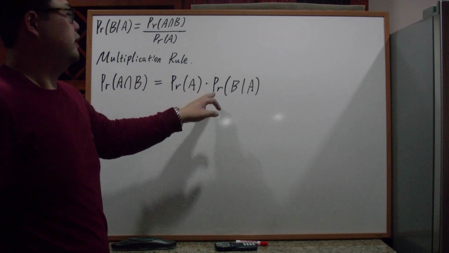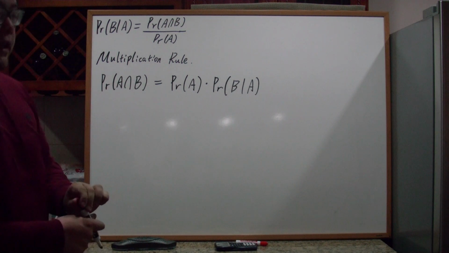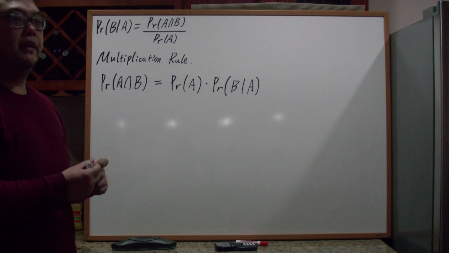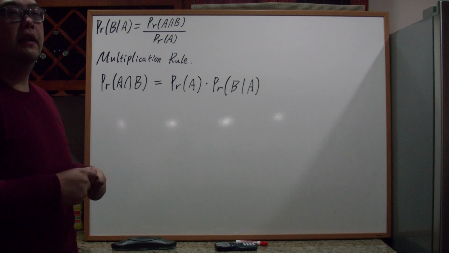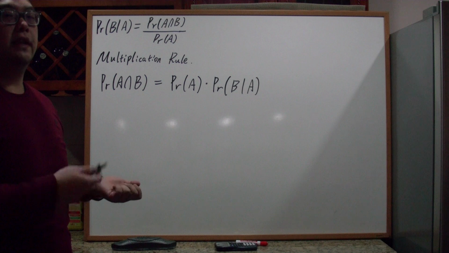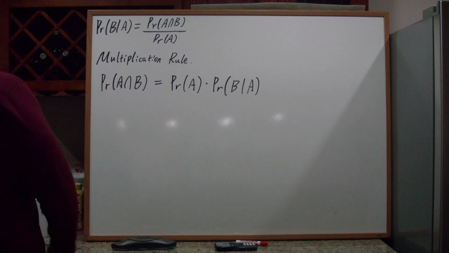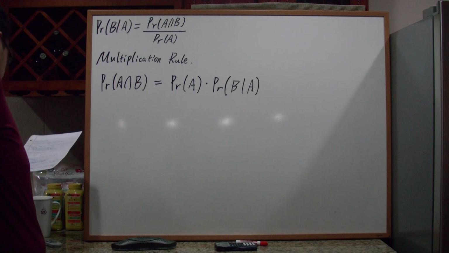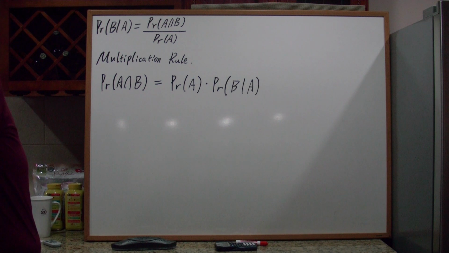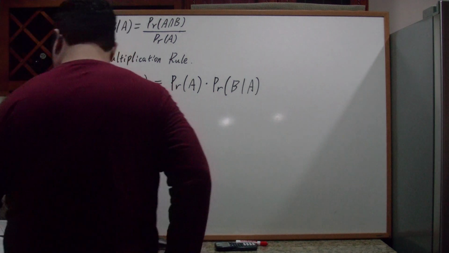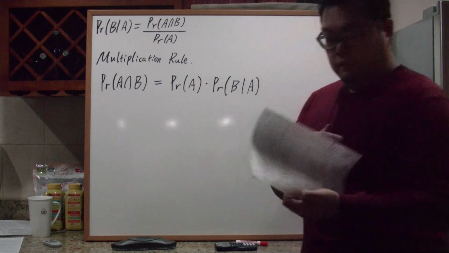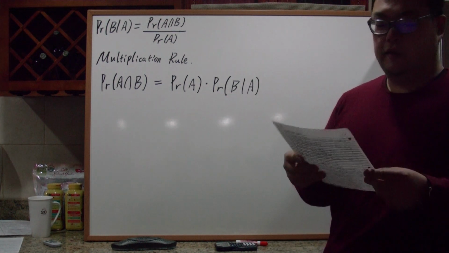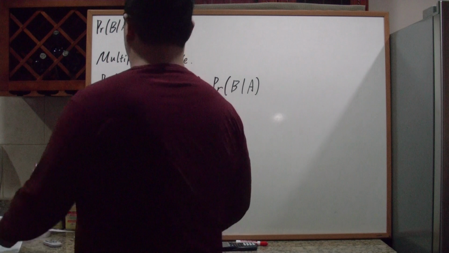But the conditional probability is actually the one taking place here, like the example we had before of selecting two. Well, let's see some examples.